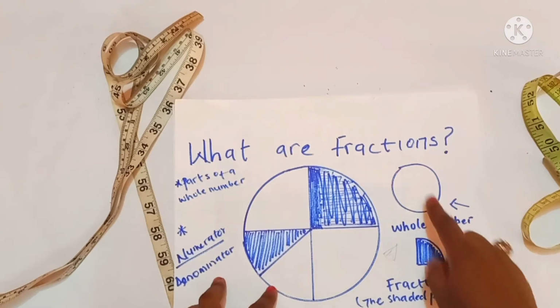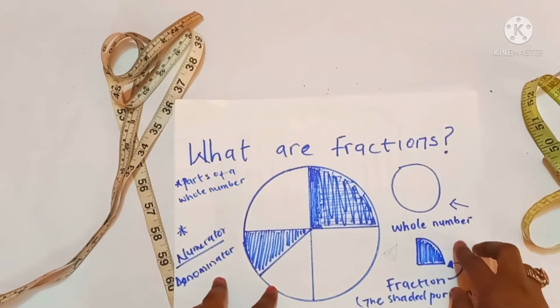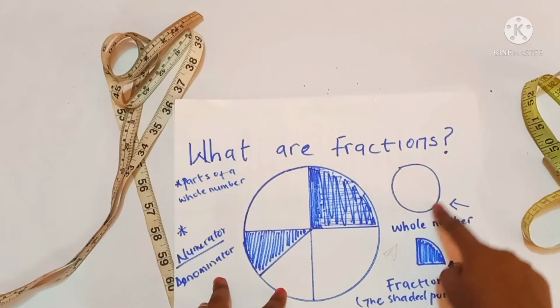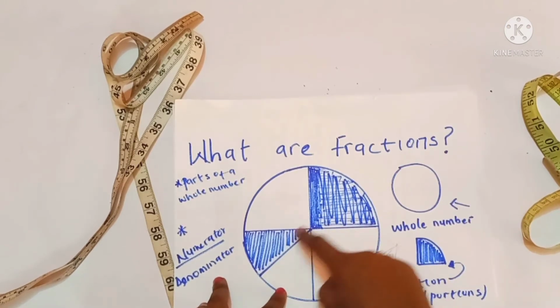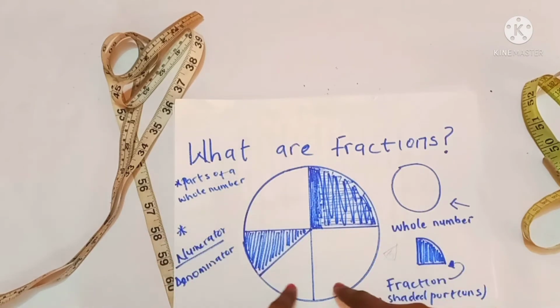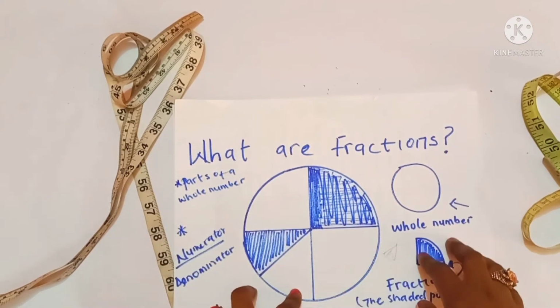Now, using this circle as an example, let's assume this circle is the whole number. So these shaded portions here, these two are part of this circle. Therefore, these two are called fractions.